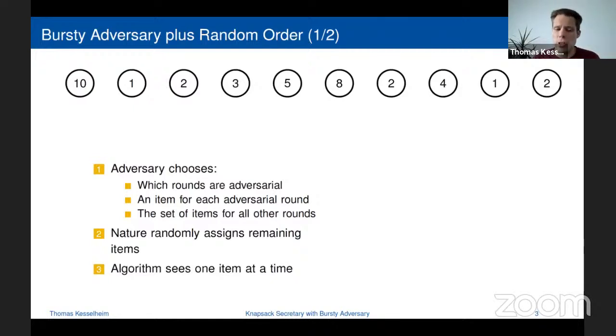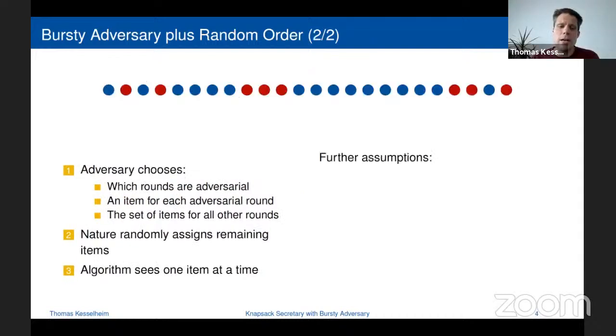If it could, you could just say, okay, only on the random order rounds I now run a random order algorithm, but because I don't know this, I cannot do this.